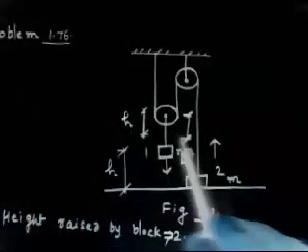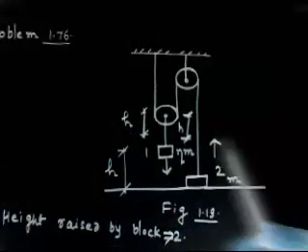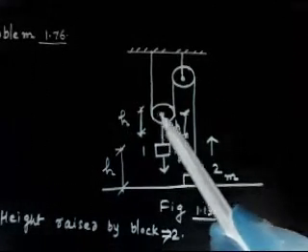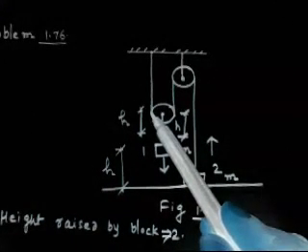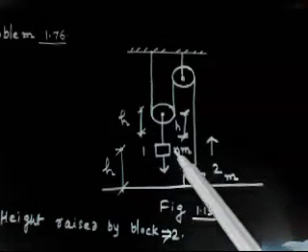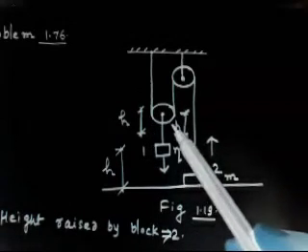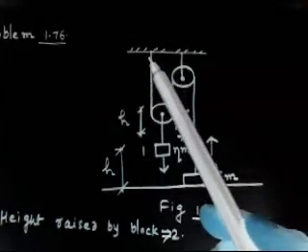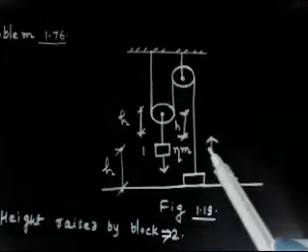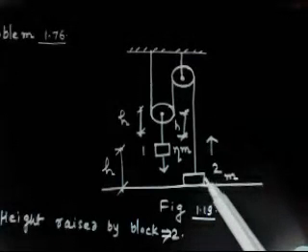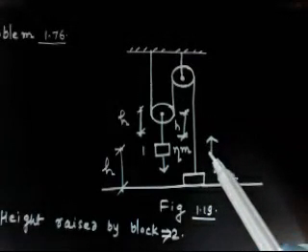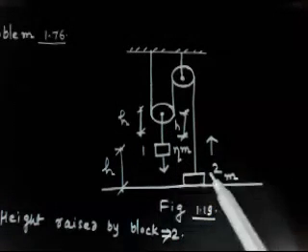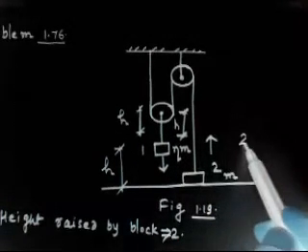If this goes down h, this side of the string also comes with height h, this also comes with height h. This means the string coming down is 2h, but this side is fixed. So this 2h height will come from this side, so this mass will move up by 2h. Are you getting? If this goes down by h, this will go up by 2h.